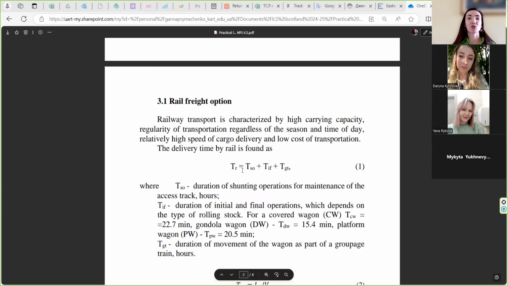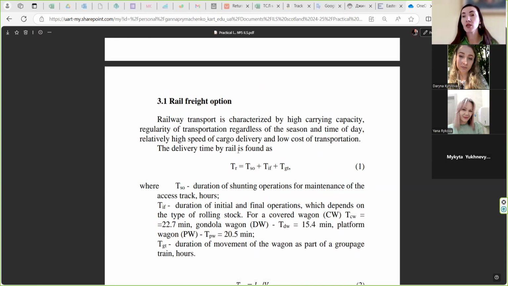So, our next part of our 5 practical lessons, and we show our materials, and I repeat formula number 1. So when we decide it and calculate all these time parameters, in formula number 1 we need to find the delivery time by rail transport, the total delivery time.